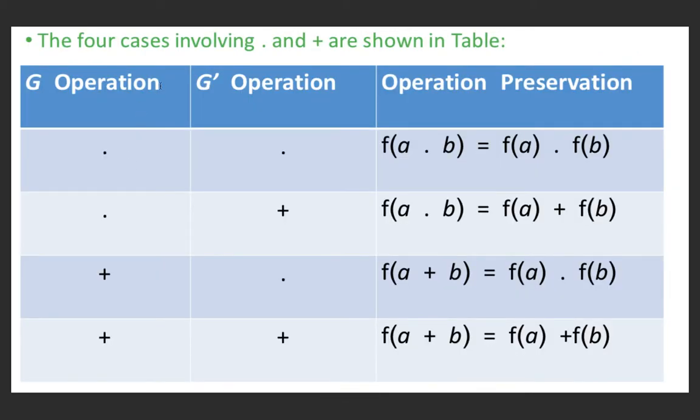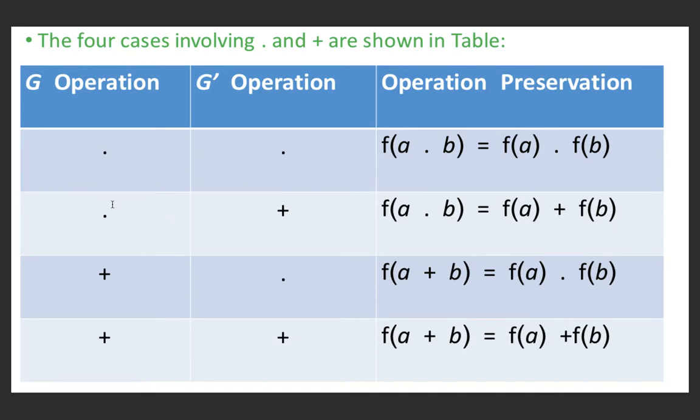Now the four cases involving dot and plus are shown in the table. This is the operation under G, and this is the operation under G', and operation preservation is shown here. Suppose dot is the operation under G and dot is the operation under G'. Then we say that it preserves the operation if f(a·b) is equal to f(a)·f(b).